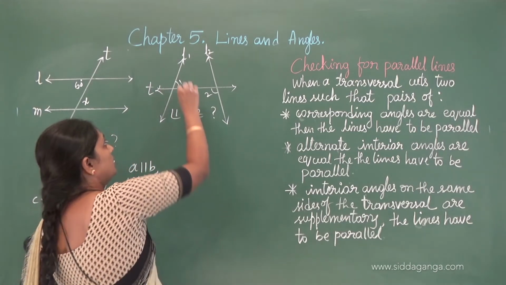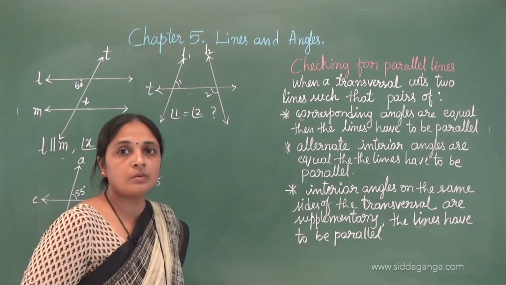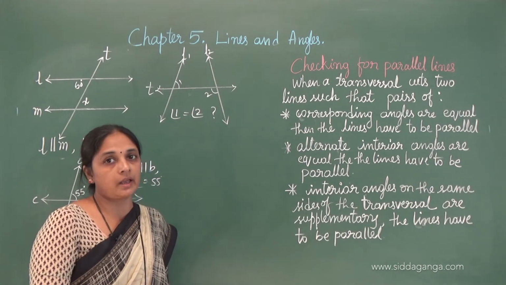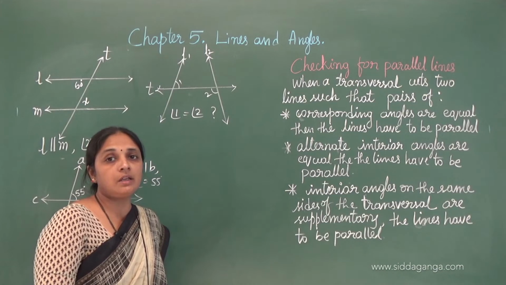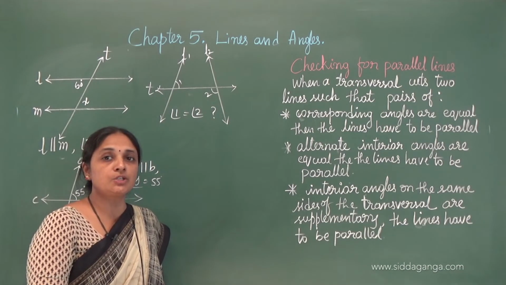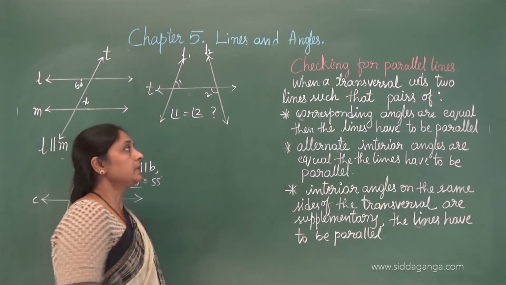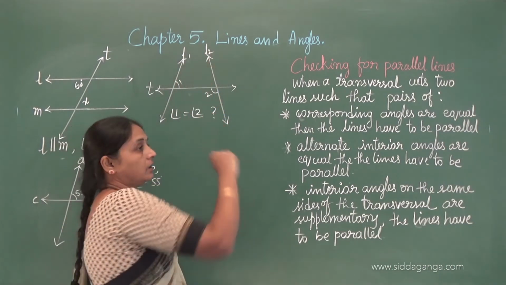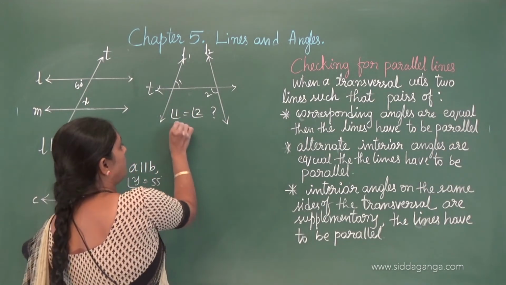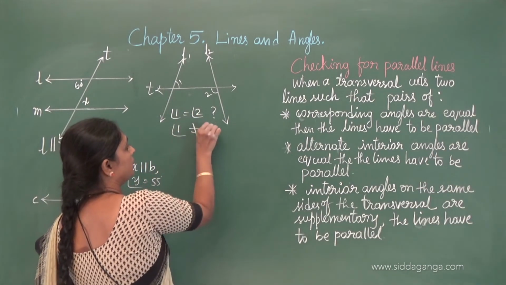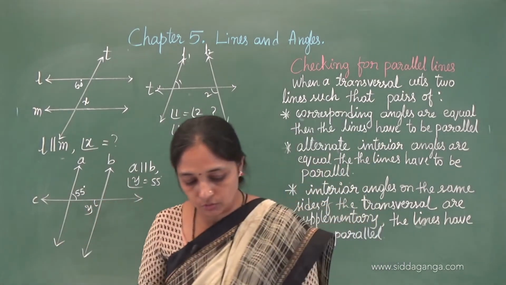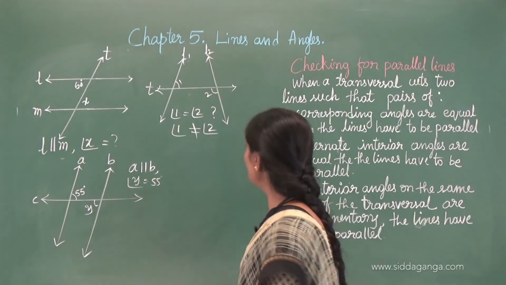So guess, what's the type of angles? They are alternate interior angles. But when we say they are equal in measure, the given two lines should be parallel. But here L1 and L2 are not parallel, so angle 1 is not equal to angle 2. That's your answer. And go to the fourth one.